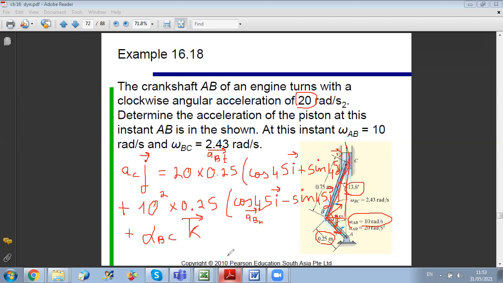So if I decompose BC, it has a positive I, positive J component. The component along I is BC sine 13.6. So it is 0.75 times sine 13.6 along I.